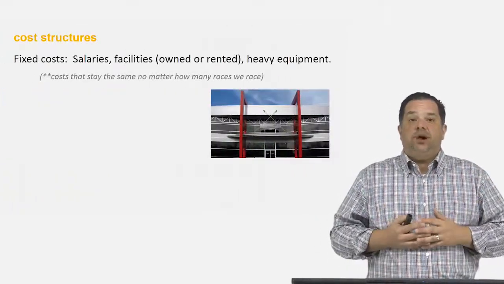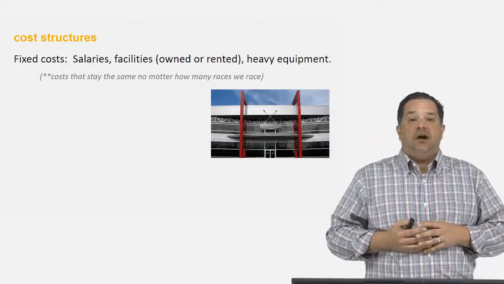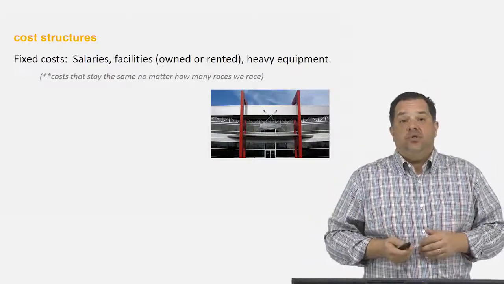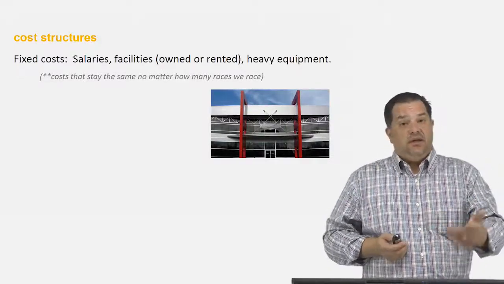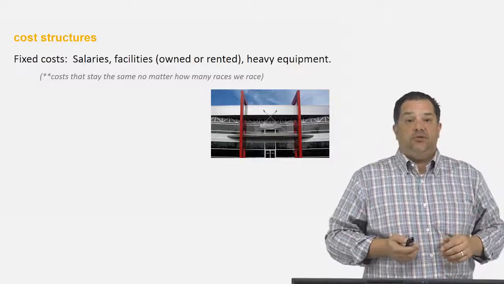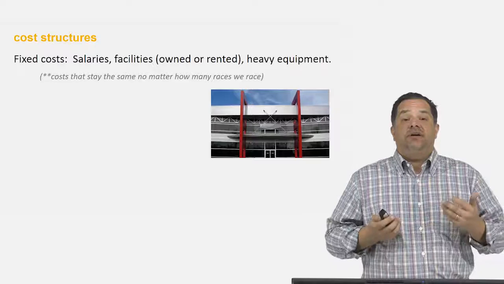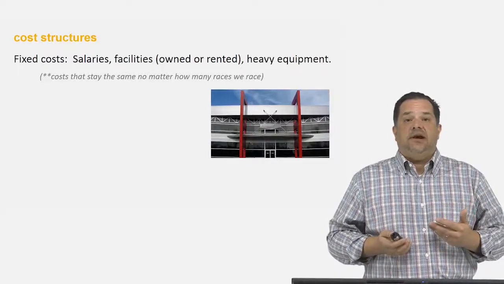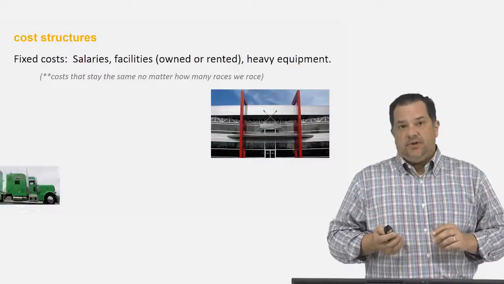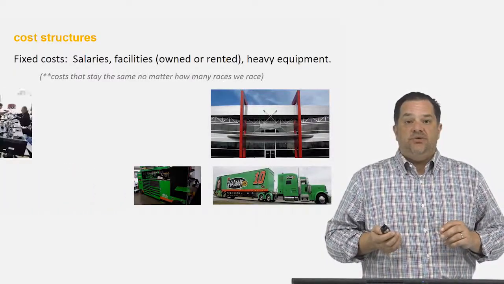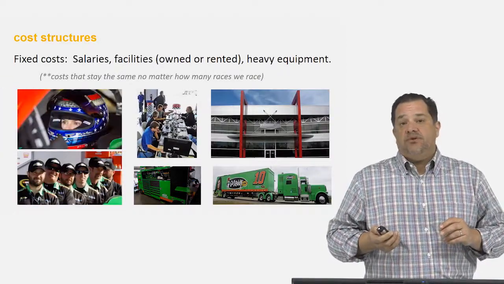Now, we can actually break down our cost structures into some different categories. We can talk about fixed costs, which are often salaries, facilities, maybe owned or rented, which could also fall under a key resource. There's a lot of heavy equipment that we have to have. These things are fixed costs, costs that stay the same no matter how many races we race. There's my hauler, there's my tools, there's my team, my pit crew, my driver.